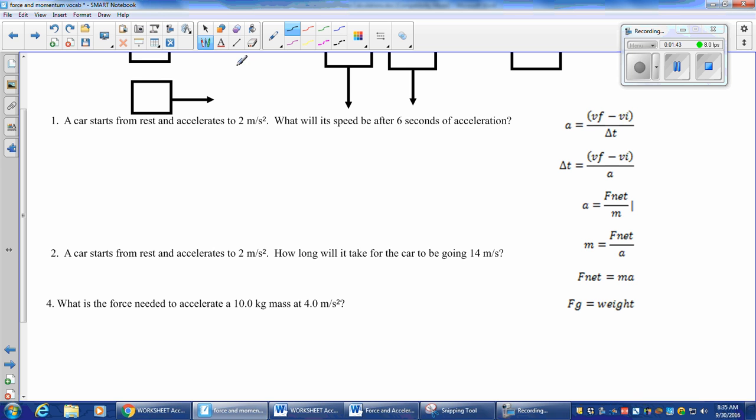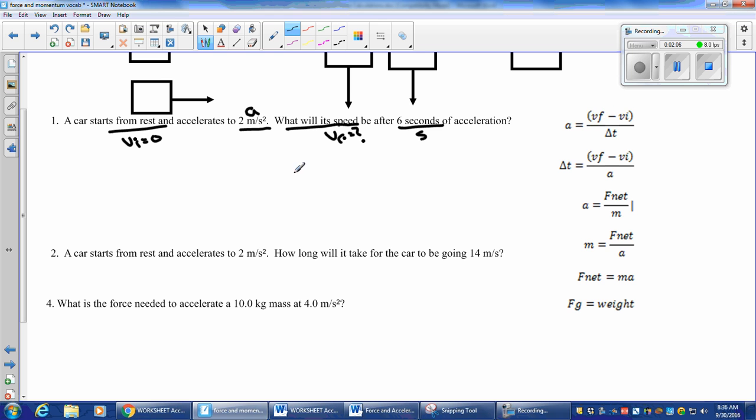All right, GUESS method. The car starts from rest, so from rest means velocity initial is 0. It accelerates at a rate of 2 meters per second squared. What will be its speed, velocity final, after 6 seconds of acceleration? We are looking for velocity final, or change in velocity.